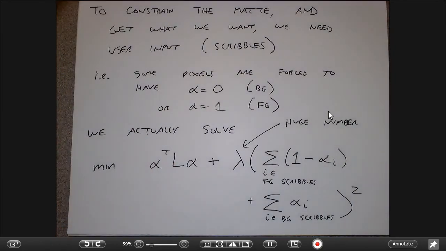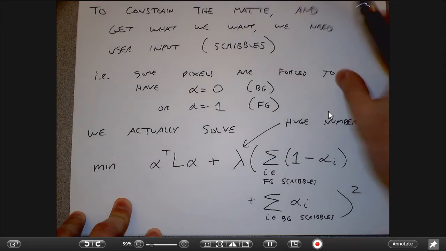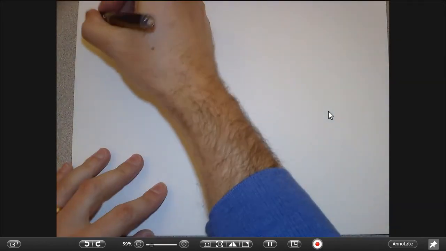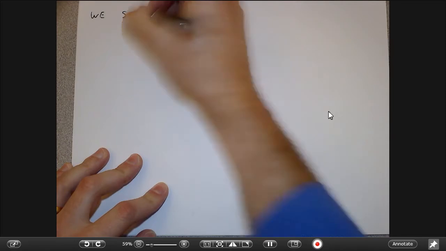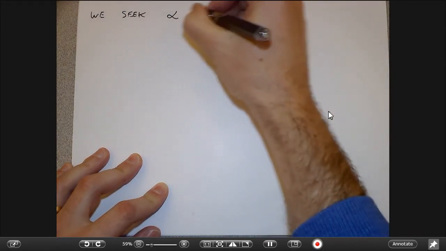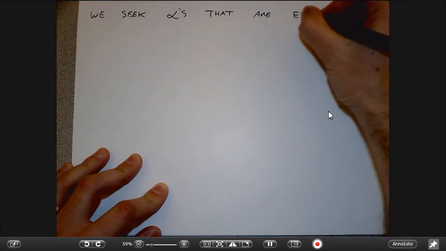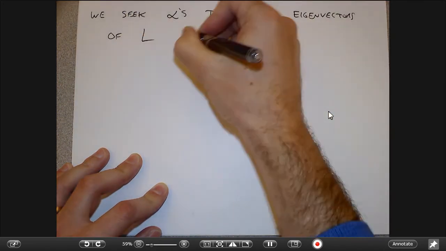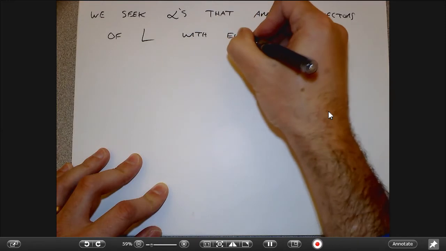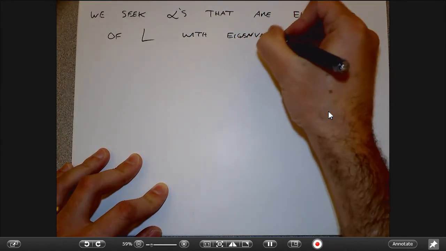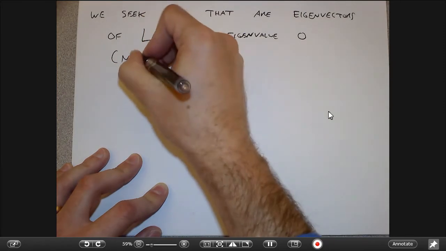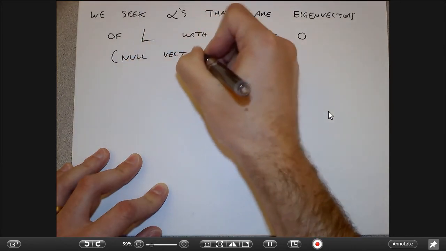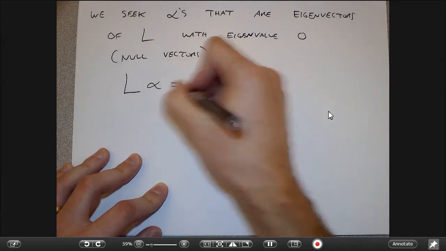What we want to do is basically seek alphas that are eigenvectors of L with eigenvalue 0. These are also called null vectors, right? L alpha equals 0.